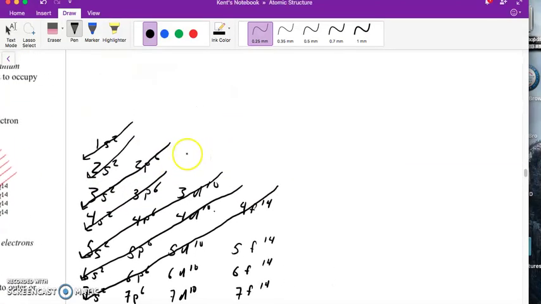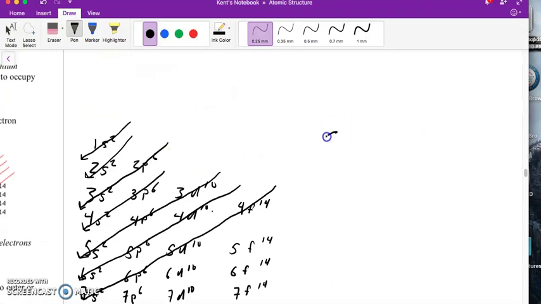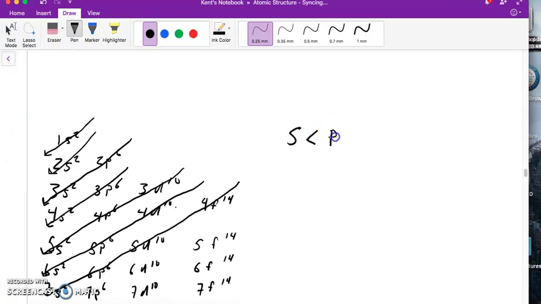So if we were to look at the subshells, S is the lowest energy subshell, right? Because if we look here, 6s is lower energy than 6p, which is lower energy than 6d. So S is lower energy than P, which is lower energy than D, which is lower energy than F.